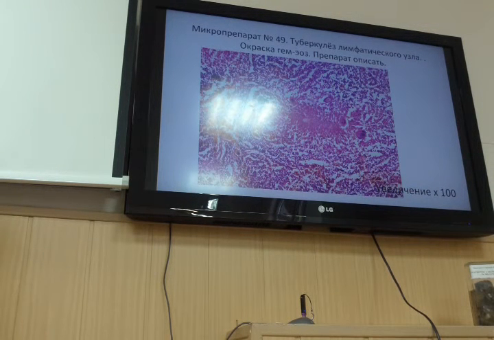Point number 2 means remnants of lymphoid tissue.